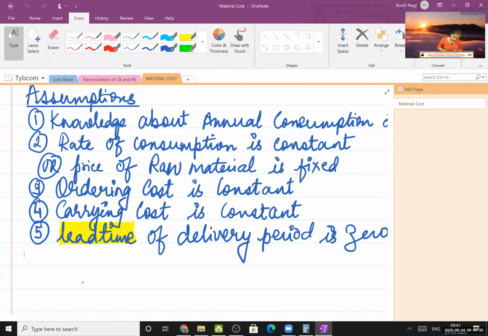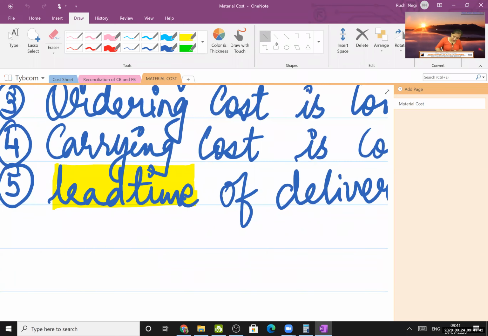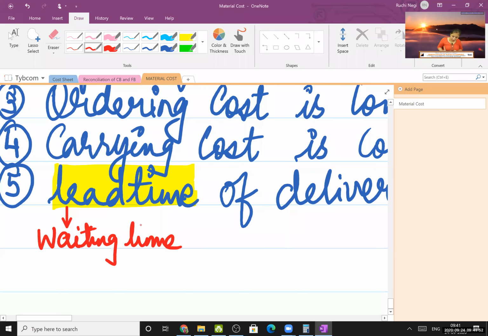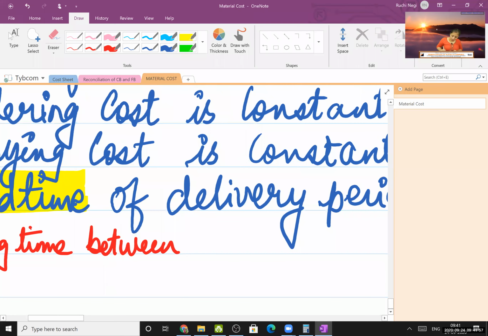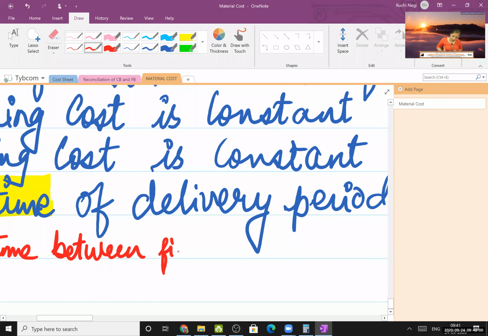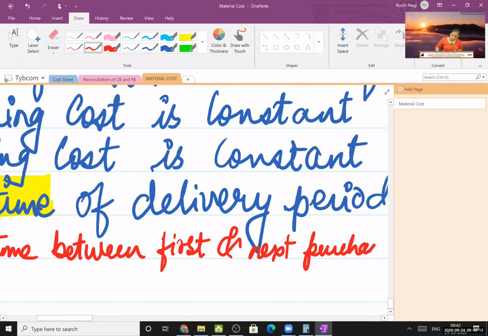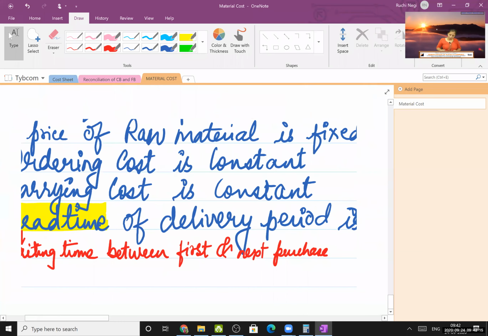Lead time means waiting time between two purchases, between first and next purchase. Okay?